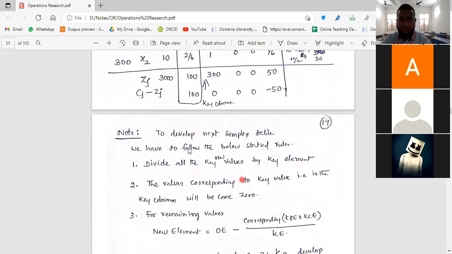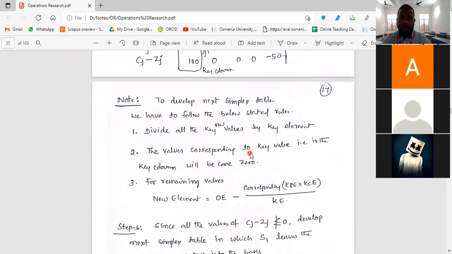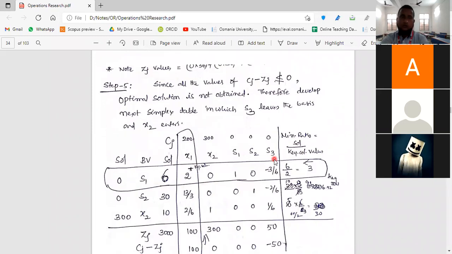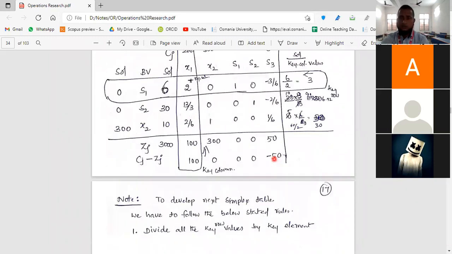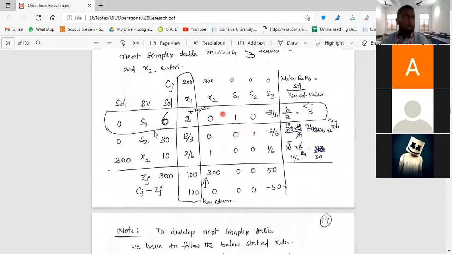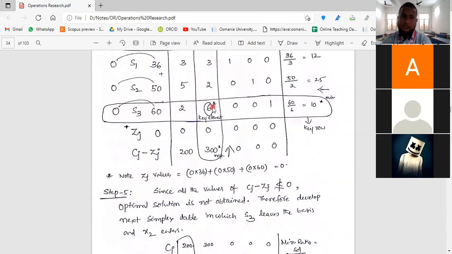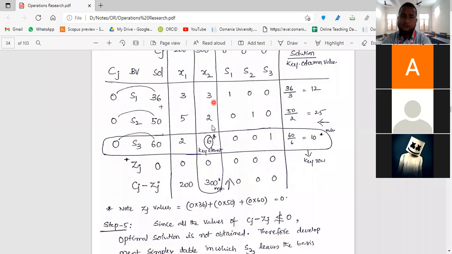Next, the values corresponding to the key value in the key column will become 0. What are the key column values here? 6, and the other values in the column are 3 and 2.